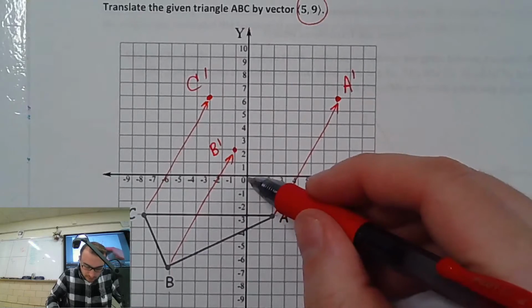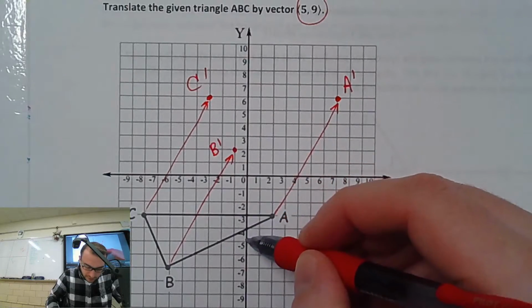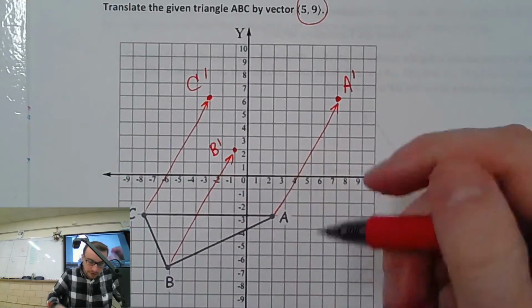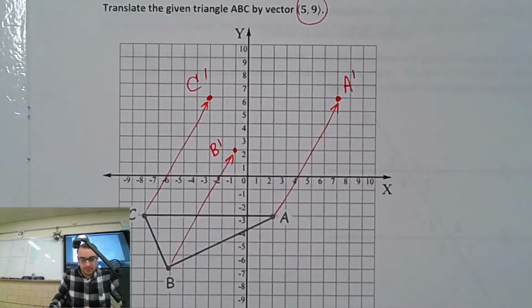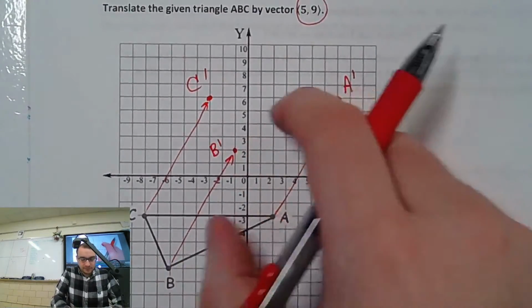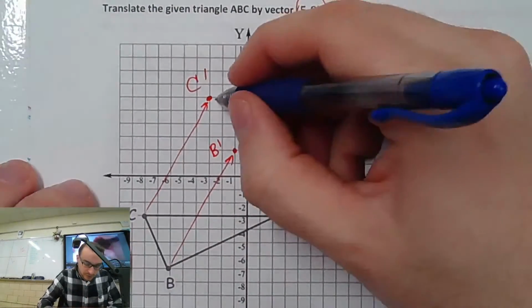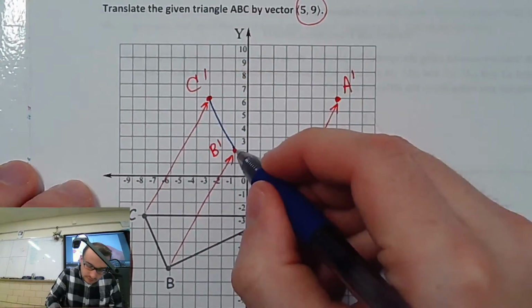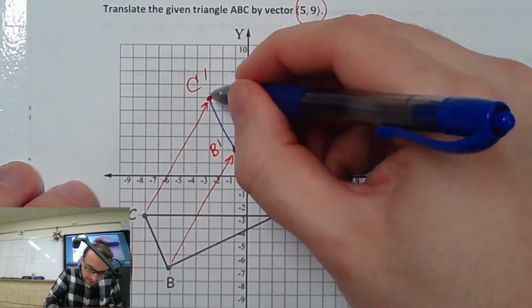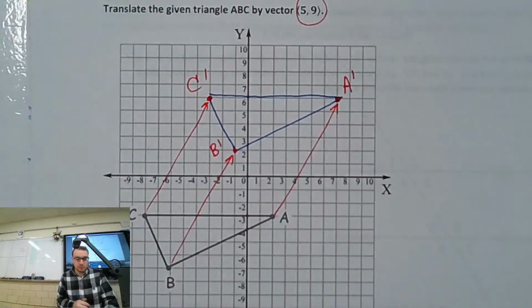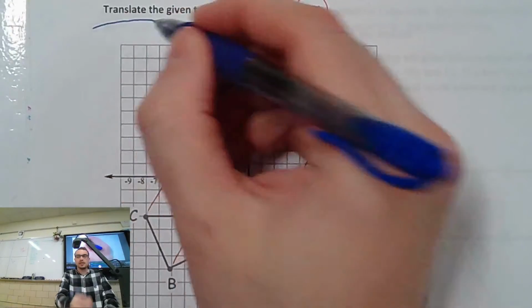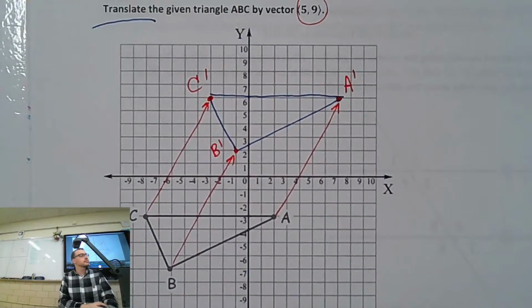Oh wait, hold on. 1, 2, 3, 4, 5, 6, 7, and then 2. Yep, we're good. I moved it 9 up. So the same vector to all 3 of those. They're all the same vector. And then we connect our lines to move our triangle. Same triangle, just moved by that vector. It was translated. Translate means to slide. How do you feel about that?